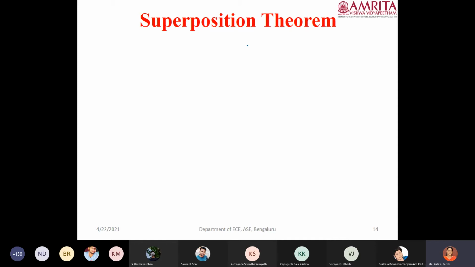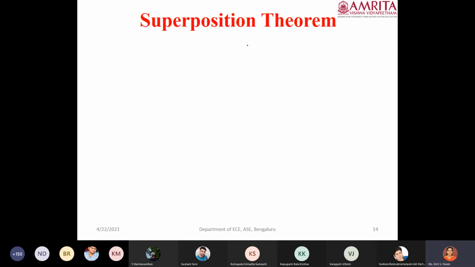Any given circuit will have either current sources or voltage sources, they may be dependent, they may be independent, whatever it is. That means in a circuit you will have multiple sources. In such a scenario, if somebody asks you to measure the current flowing through a resistor, or the voltage at a particular node, that will have some effect because of all the sources.